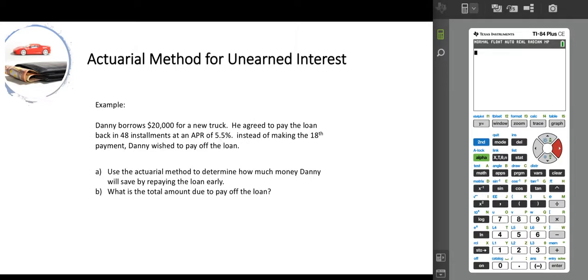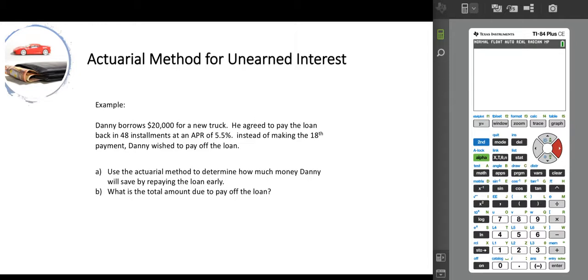He's just borrowing the same amount of money. Now what happens here though is instead of making that 18th payment, Danny's going to pay the loan off. So what we're going to do is use the actuarial method to determine how much money Danny will save by repaying the loan early. And we're going to find out what's the total amount due to pay off the loan.